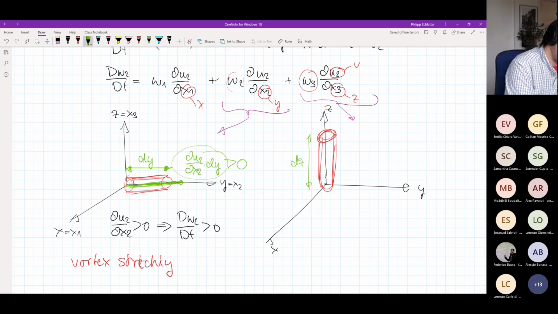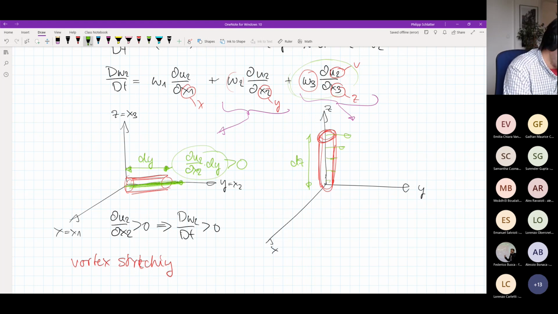But now the velocity that is relevant to change this vorticity is dv dz. So I need to have a velocity gradient of the v velocity as a function of z. That would be the velocity, something like that.